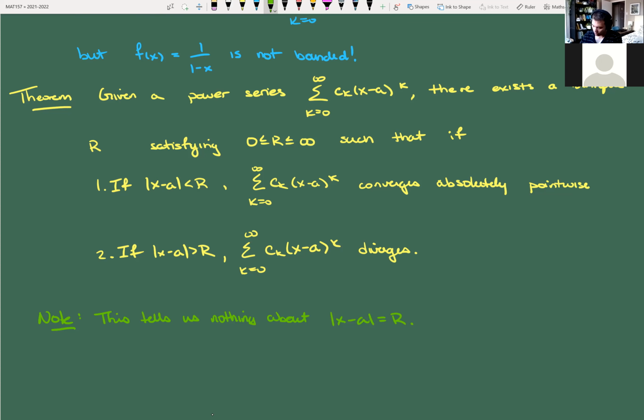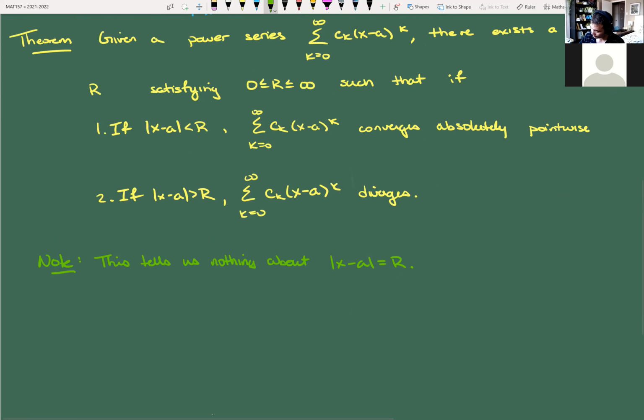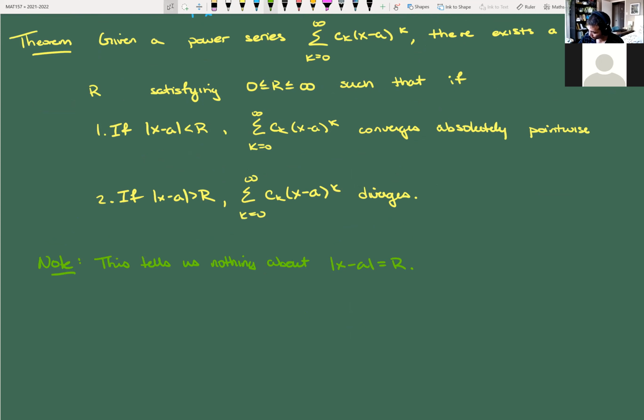So this R is called the radius of convergence.